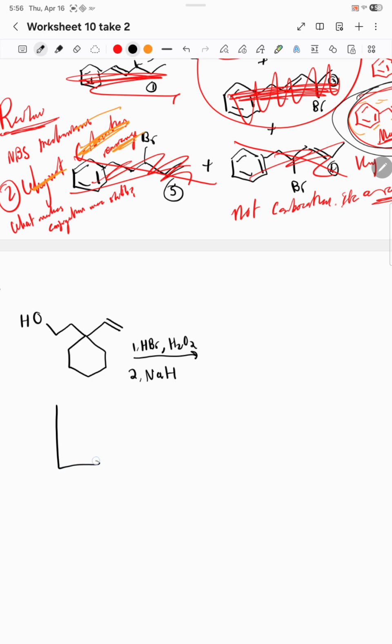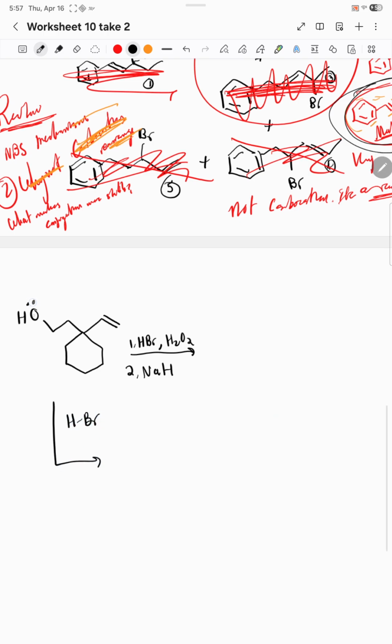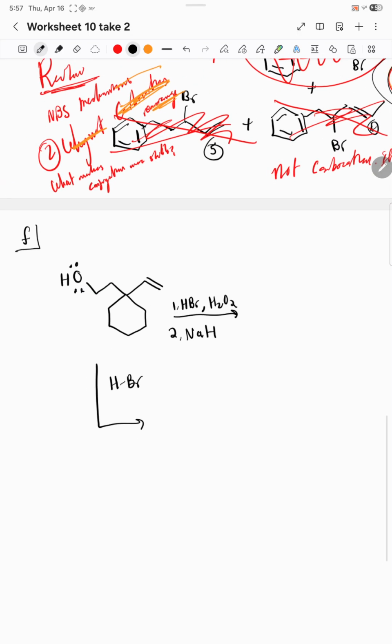If we were to start off with the first mechanism, we used hydroboration. If these were lone pairs, what would happen? The question we should ask is, would the alkene be the nucleophile or the alcohol? This is a good review question.